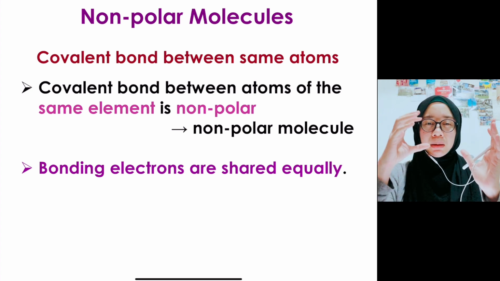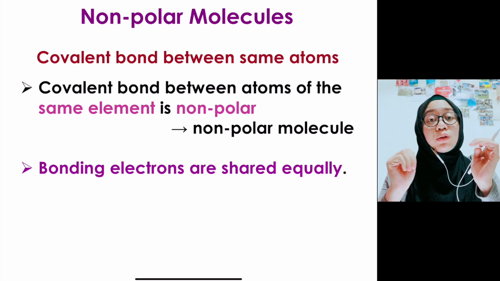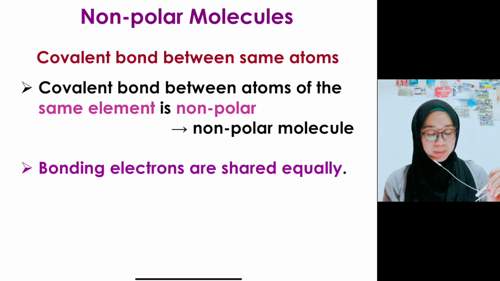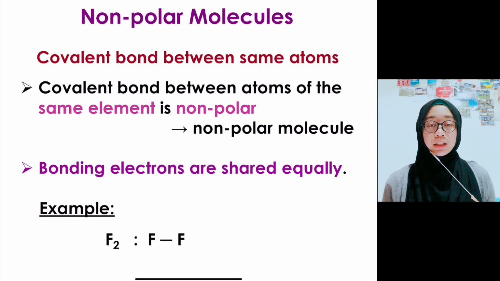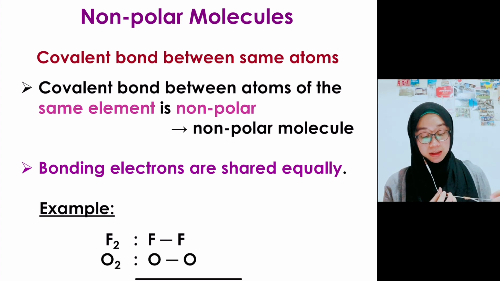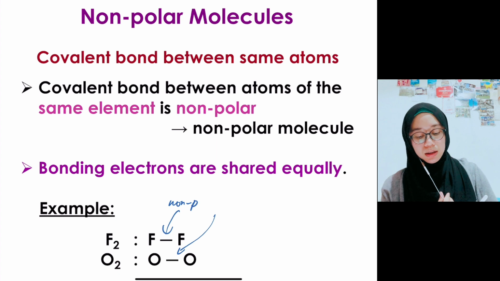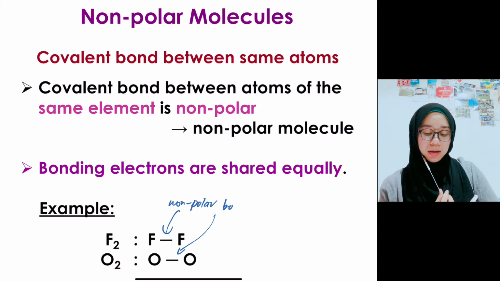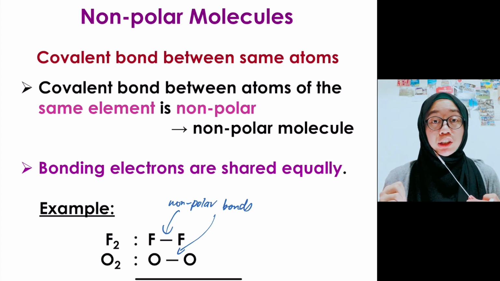Okay, so if the right side is big like this, the left side is also big like that. So that is for non-polar. For example, we have fluorine gas and also oxygen gas. The bond here is what we say is a non-polar bond because it is shared between two atoms with the same electronegativity.